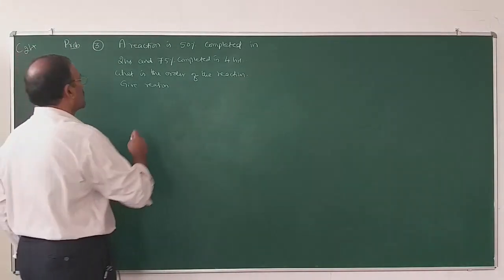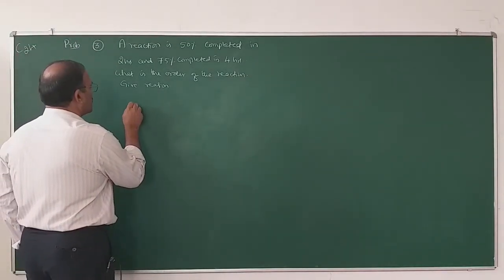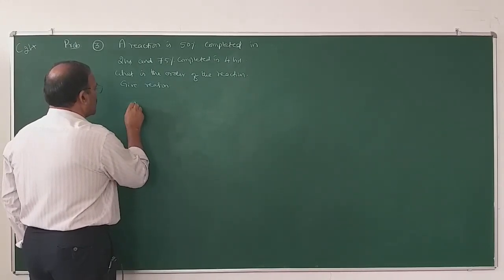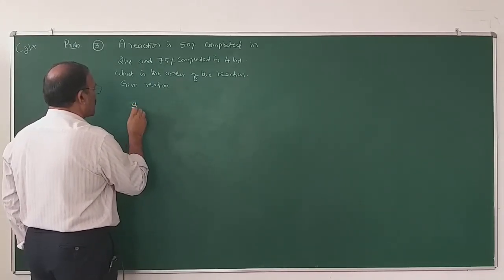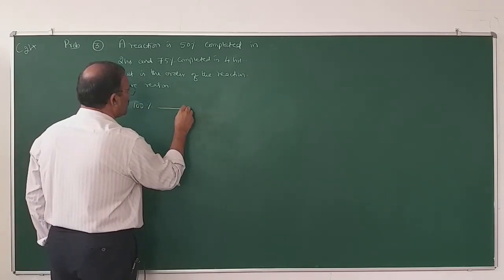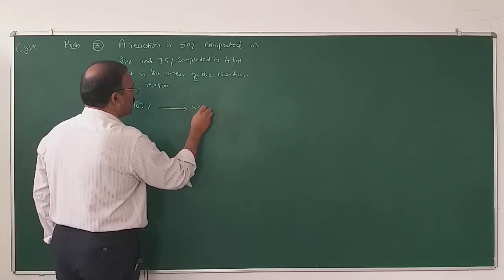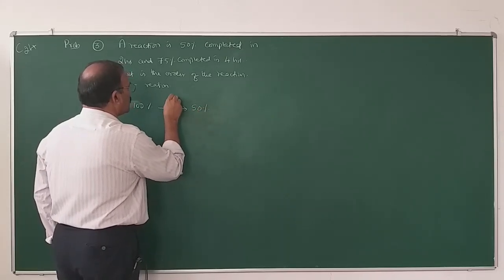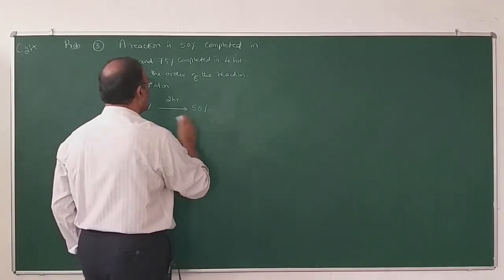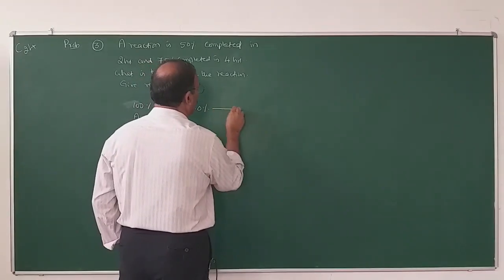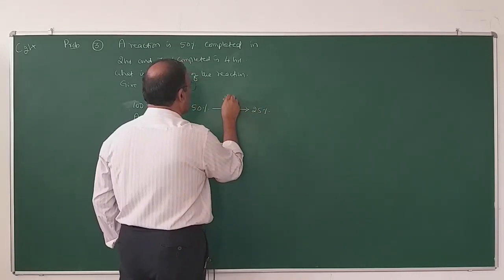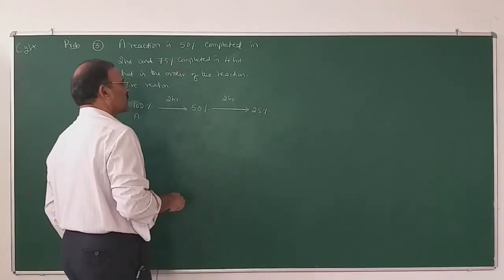So, say for example, this is reactant A. Reactant A is 100%. It is reduced to 50% in 2 hours, and then 50% is reduced to 25% in another 2 hours.